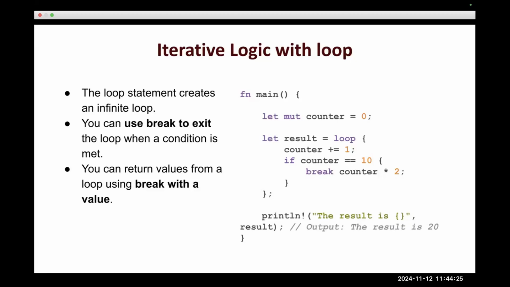So break and loop usually go together. When you have a loop, you have to have a break. Otherwise, it'll keep looping. A break is optional for while or for. You can also use a break in those two iterative logics, but you have to use it in loop. Otherwise, it'll be a dead end.